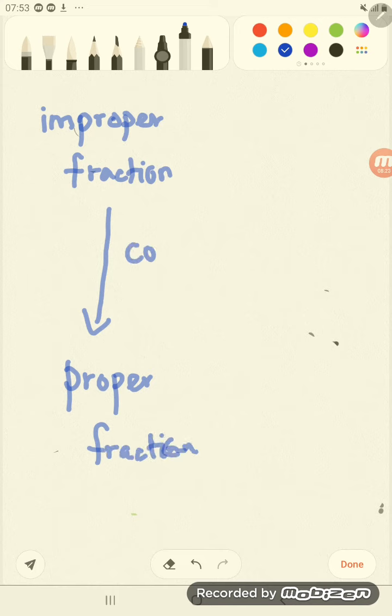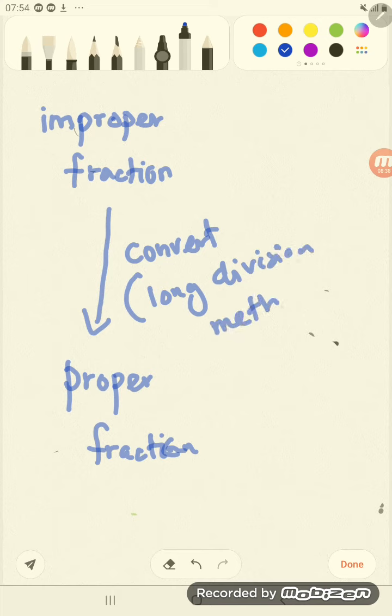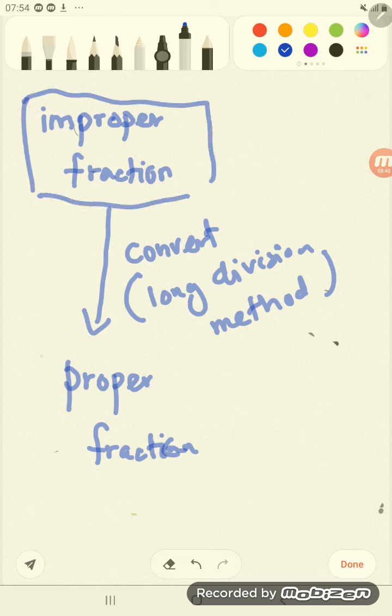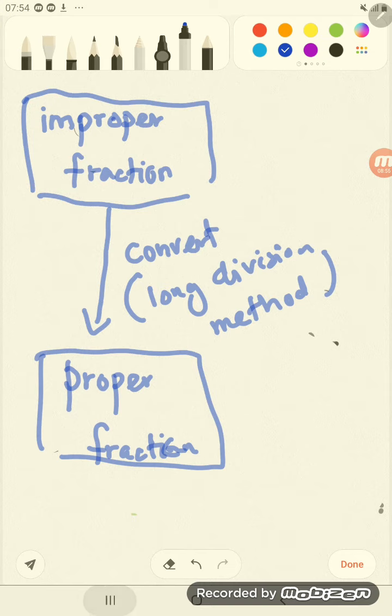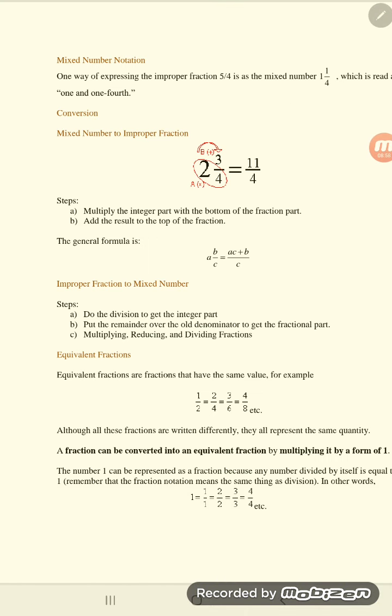The method we are going to use is what we call the long division method, which I will explain when the time comes. So you should bear in mind that if you are dealing with an improper fraction, you can make it proper by doing the long division method. Alright, so that's it.